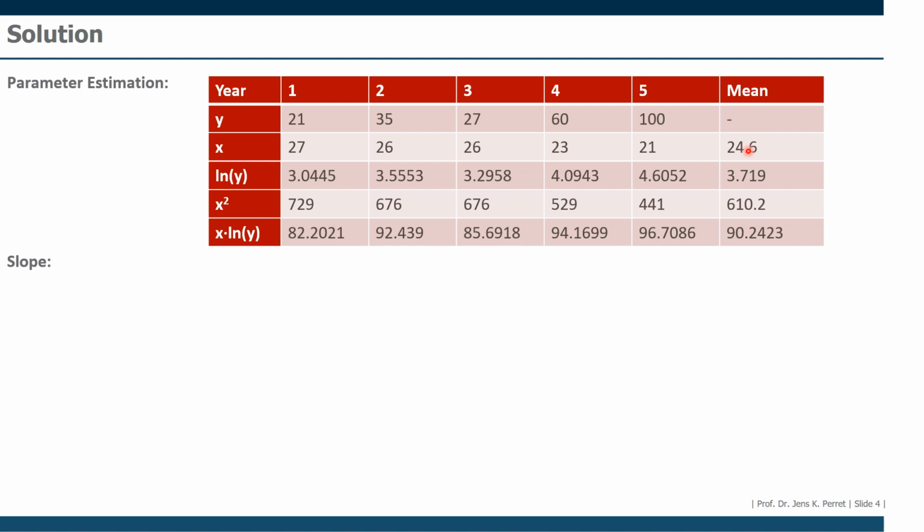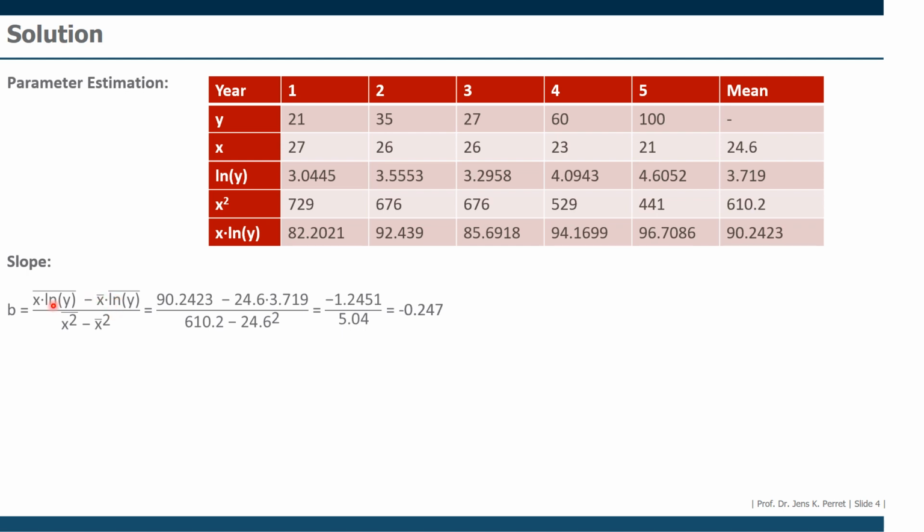First, I'm going to calculate the slope parameter b. I can use the classical formula from linear regression, which is the average of x times ln of y, here 90.2423, minus the average of x, 24.6, times the average of ln of y, which is 3.719. This upper part is actually my covariance.